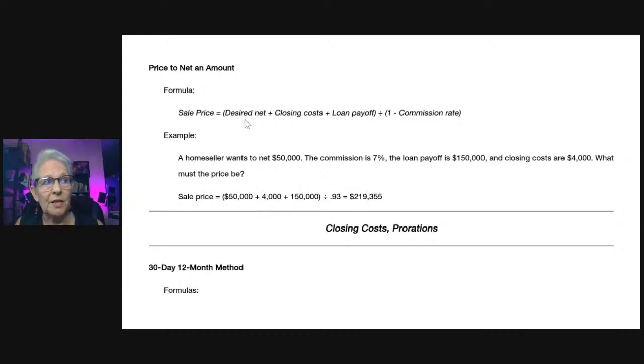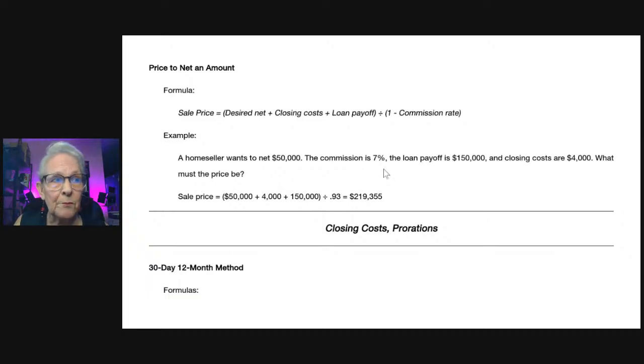They want $50,000 to net, to walk away with in their pocket, plus $4,000 closing costs. That's at the title company or at an attorney's office, whoever the escrow officer is, plus the $150,000 that they owe on their loan, divided by 0.93. And you're saying, why divide by 0.93?